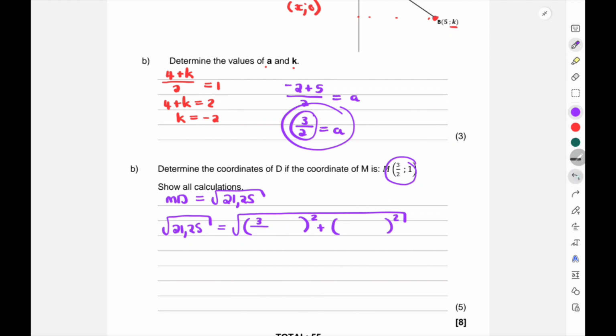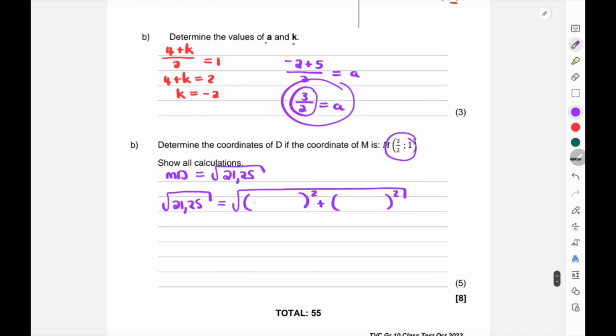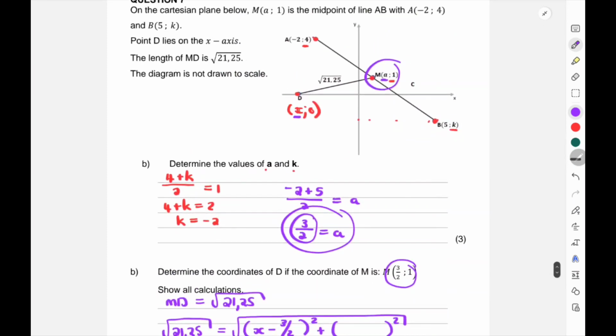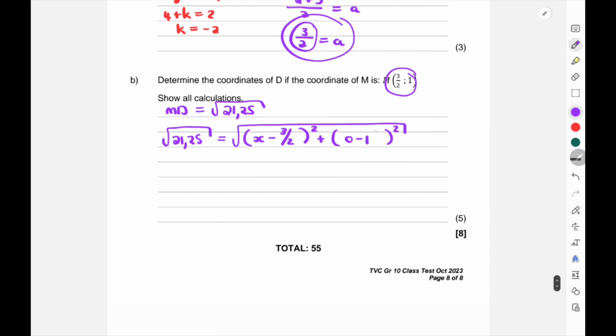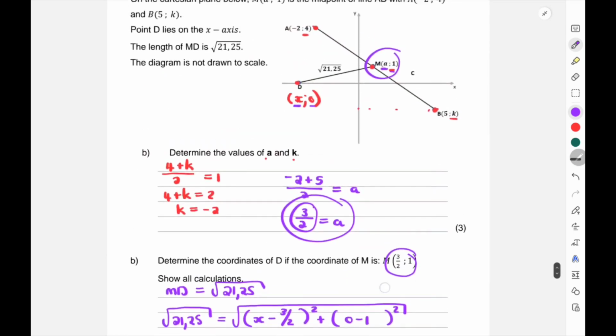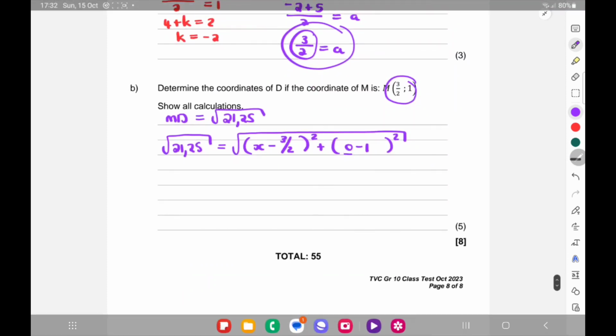I always like to write it the other way around. Let me do that: (x minus 3/2) squared plus (0 minus 1) squared. Okay, so just please be careful. The thing that you had to note is that D, because it's on the x-axis, the y would be 0. Okay, so that's why I replaced it with a 0 in there.